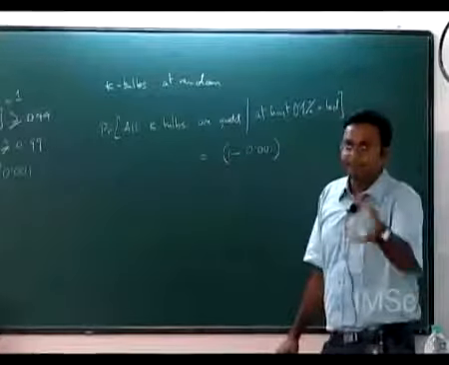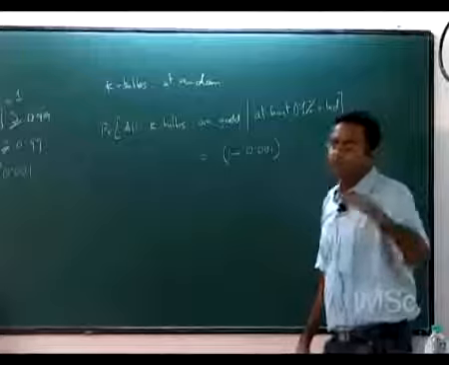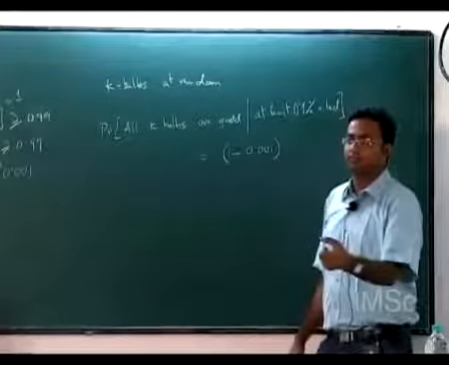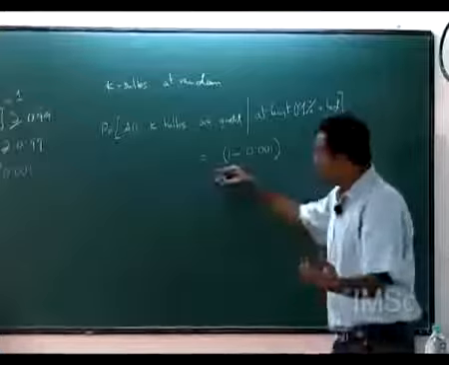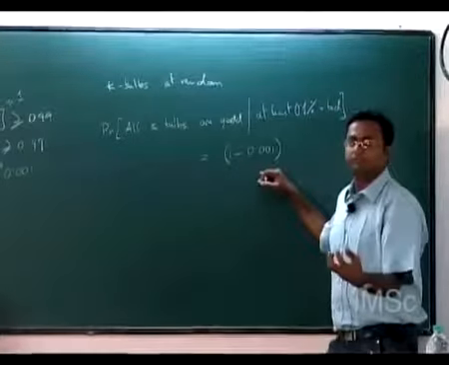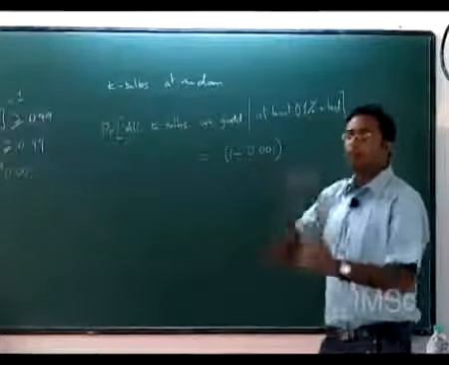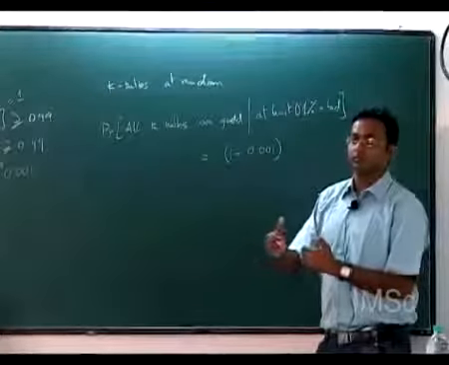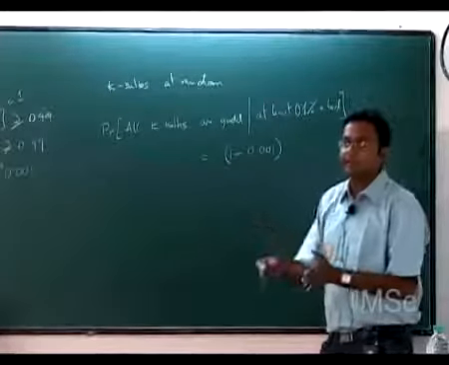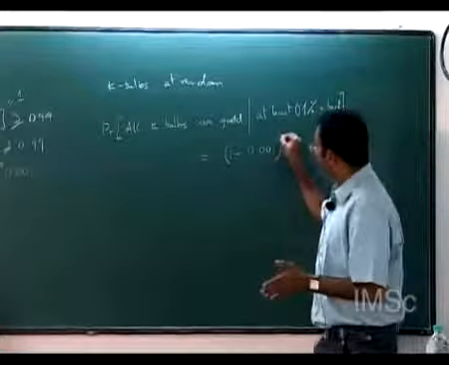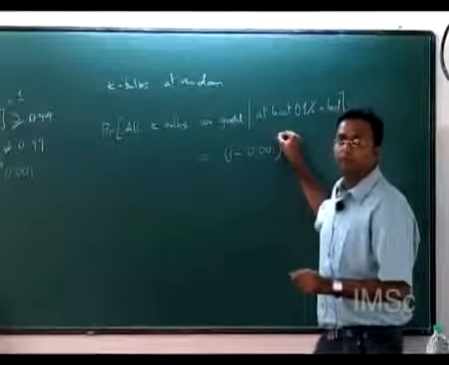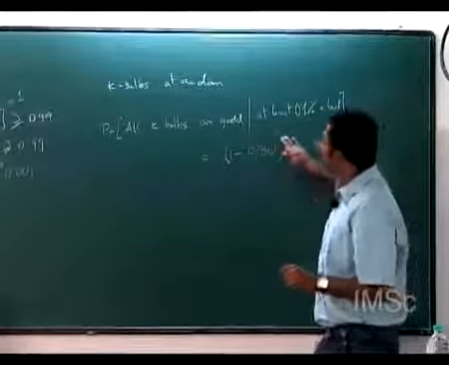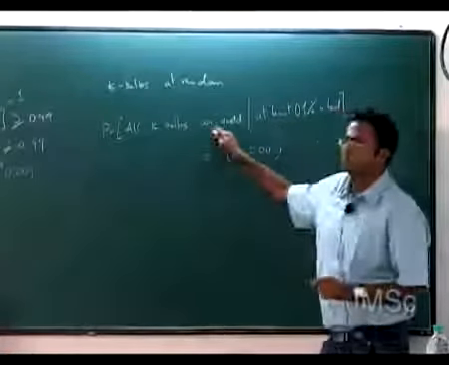Now I pick the second one. The second one was also randomly chosen, so the probability that the second one is also good is exactly this. The probability that both of them are good, since they are independent, is just the product, so just the square. Similarly, the probability that all the k bulbs are good is this quantity to the power k.